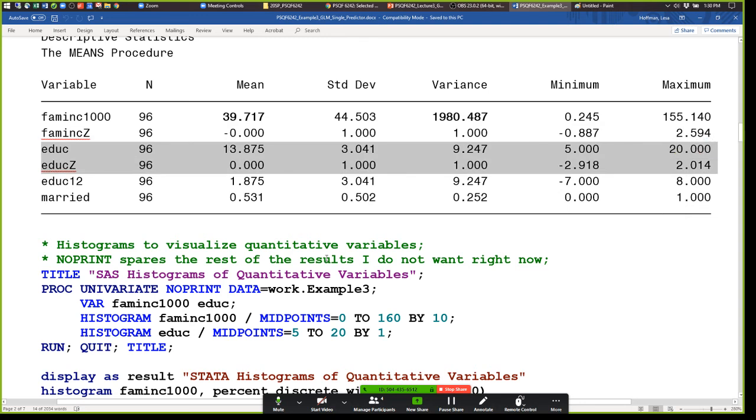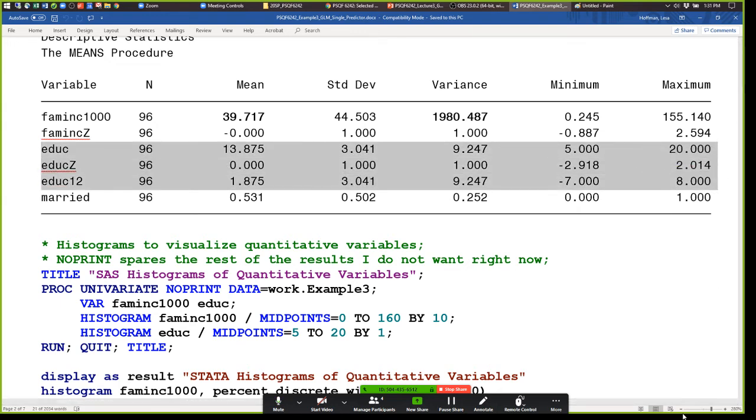Likewise, education versus education z-score. Education has a mean of 13.9 and a variance of 9. Education Z has a mean of 0 and a variance of 1. Third version of education, education minus 12.